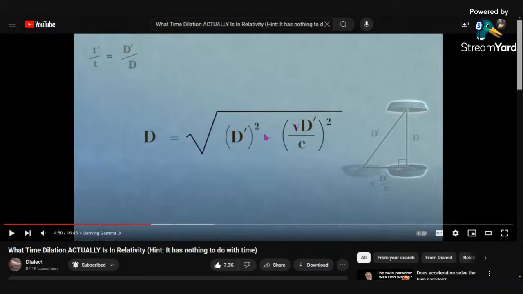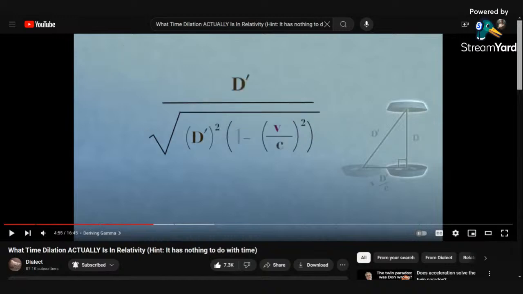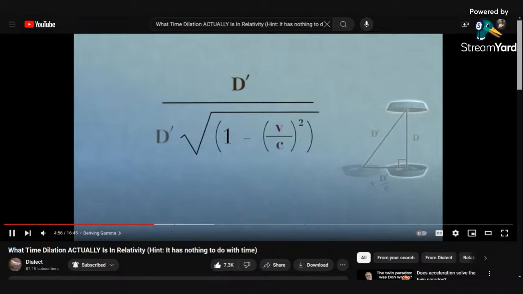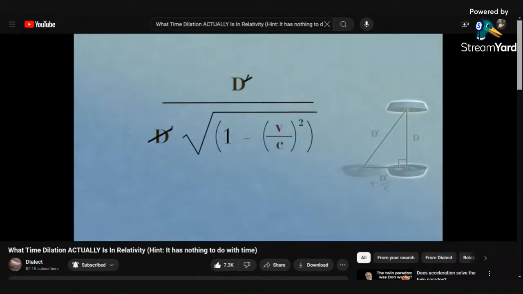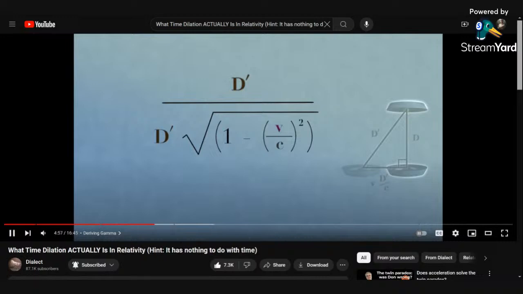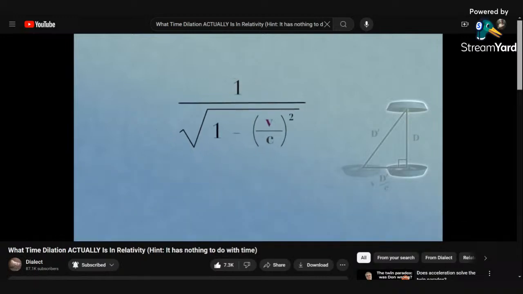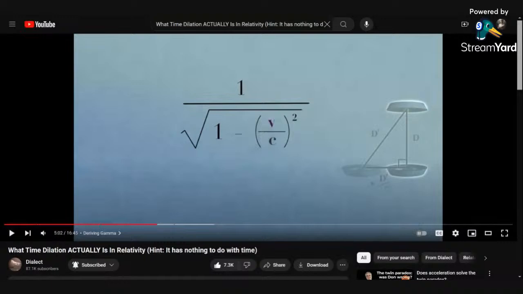So this is going to be 1 minus v squared over c squared. Or v over c squared, okay. That's the time dilation.